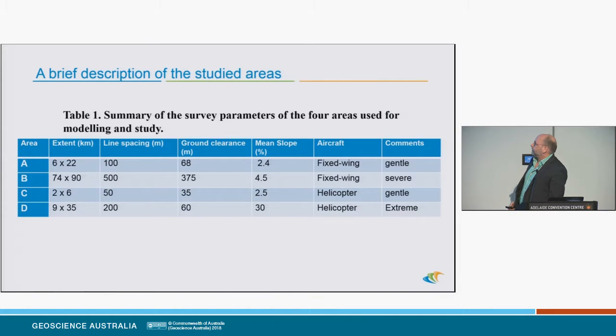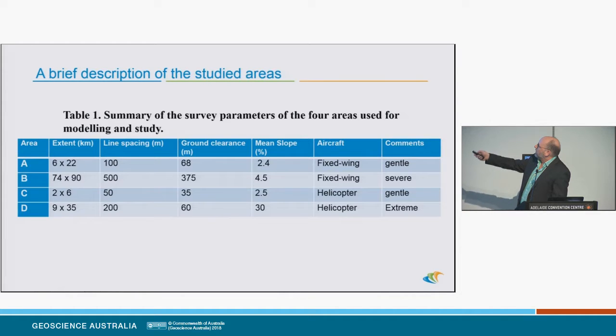Okay, so I'm going to start off by just talking about the areas we studied. What we did was we took 4 real survey areas, A to D, where we'd flown actual surveys. So this is the size of the survey area, this is the line spacing, this is the average ground clearance that we flew.